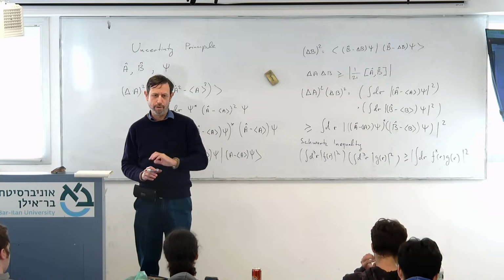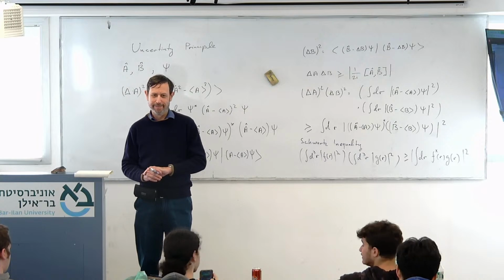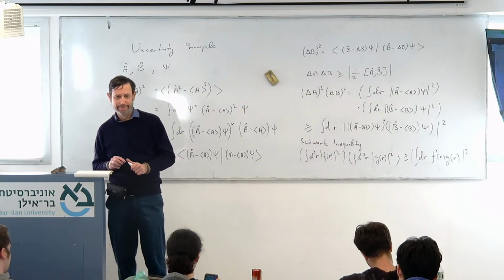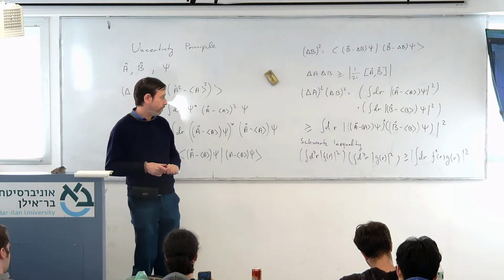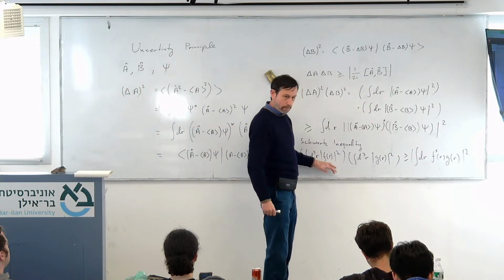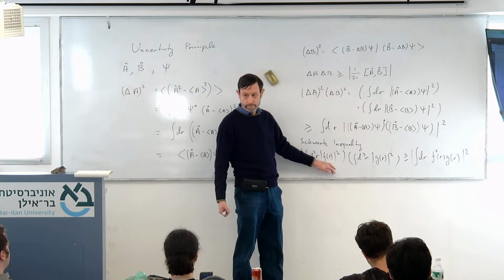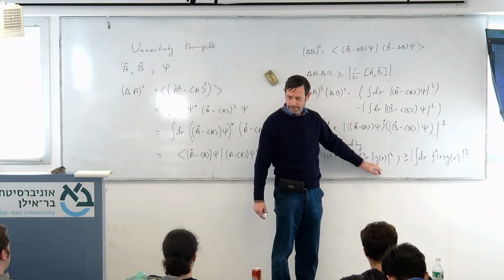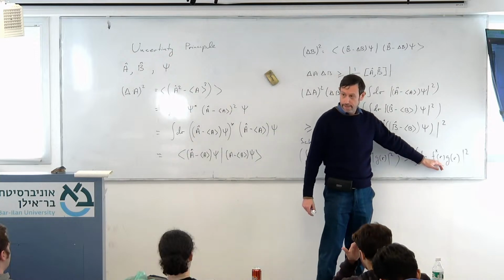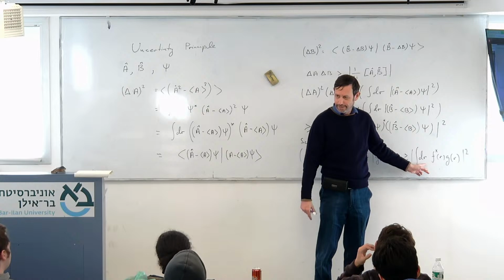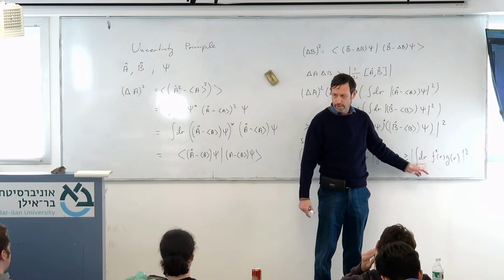You look worried. The reason is very simple. This has to be always positive. This has to be always positive. This doesn't have to be always positive, only after summation, then you square.